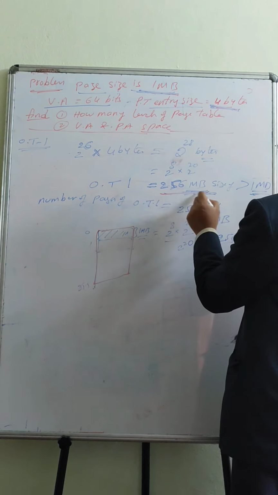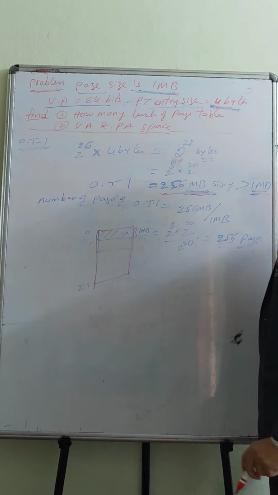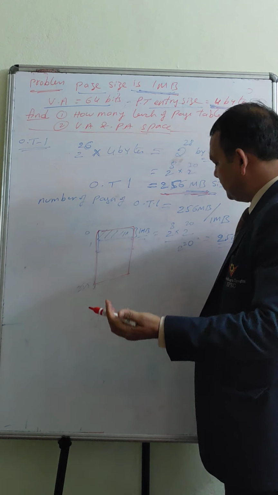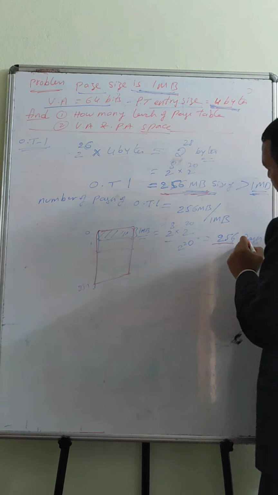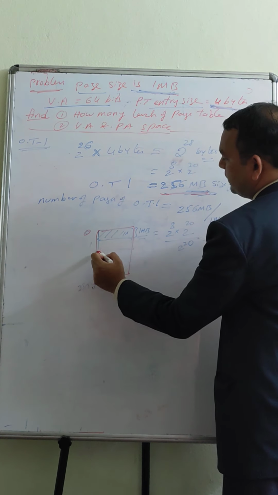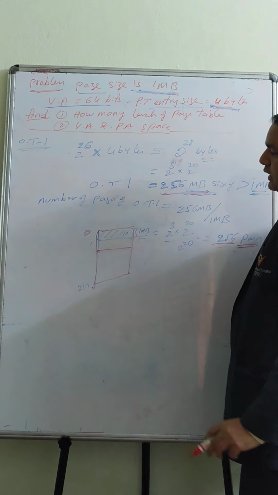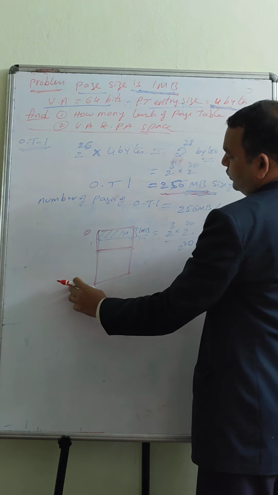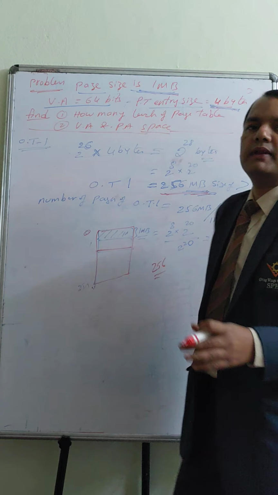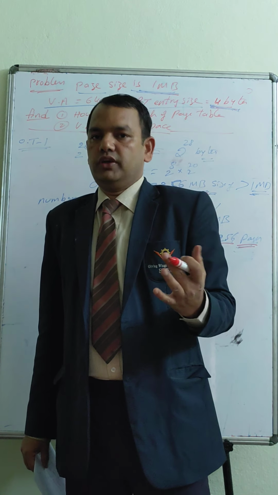This 256 MB is greater than 1 MB, so we divide this 256 MB into a number of pages. We got 256 pages like this, 0 to 255, and each page size is 1 MB. Now 0 to 255 means 256 pages are stored in memory in different locations.